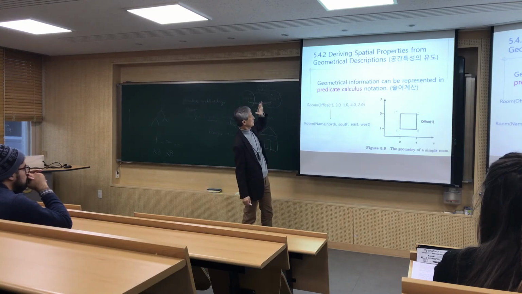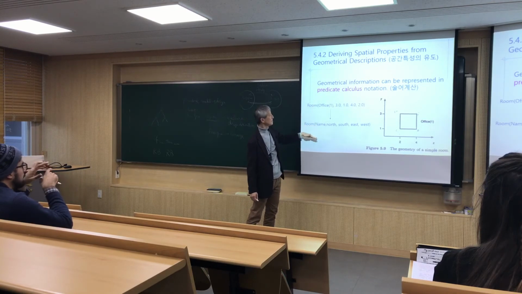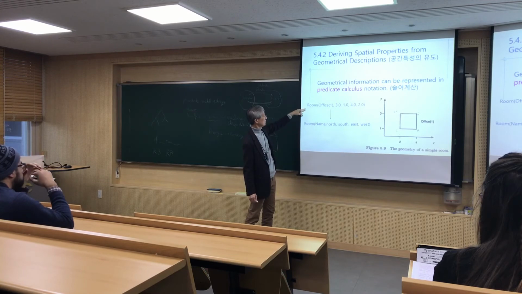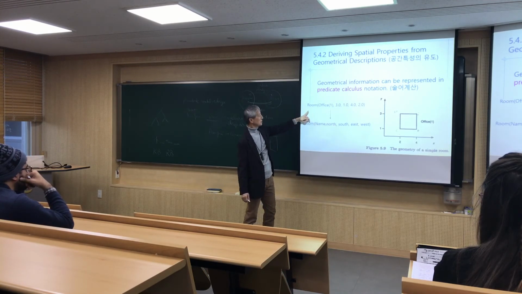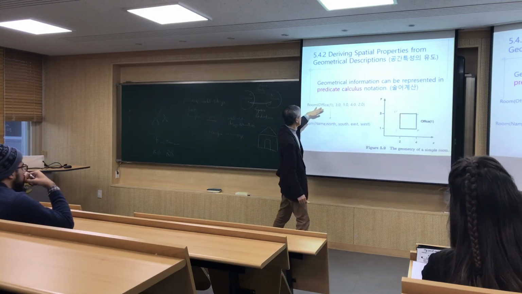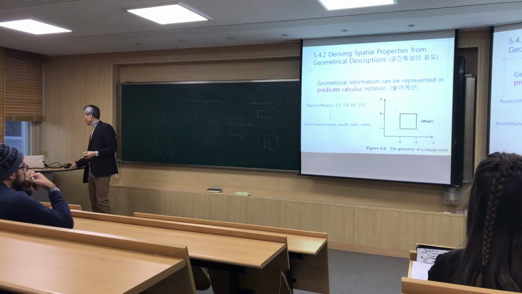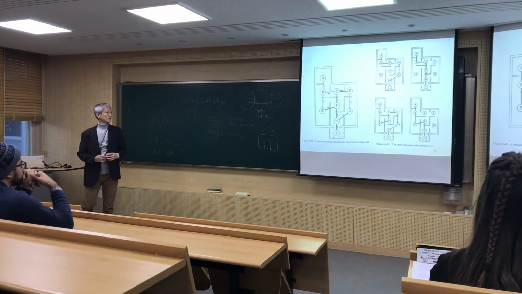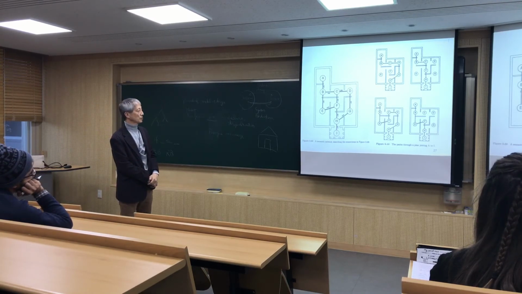Where's predicate calculus? This one maybe can be a predicate calculus notation. So room and north and south, the edges, a simple room. This is a simple room. It can be defined in this way, and then a more complicated one is defined in this way.